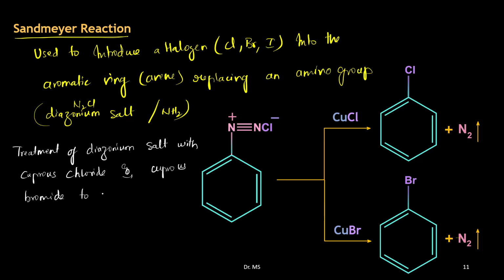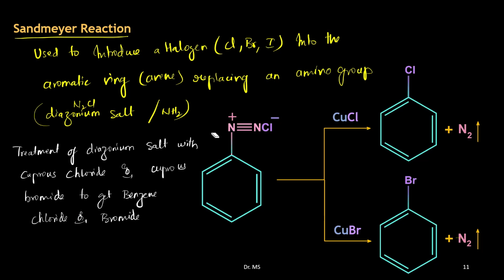So treatment of this diazonium salt with cuprous chloride or cuprous bromide gives this benzene chloride or benzene bromide.